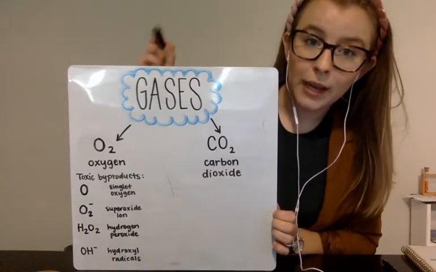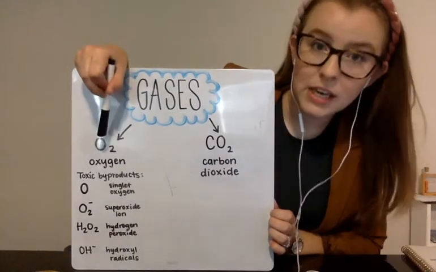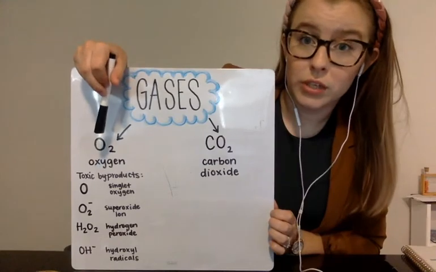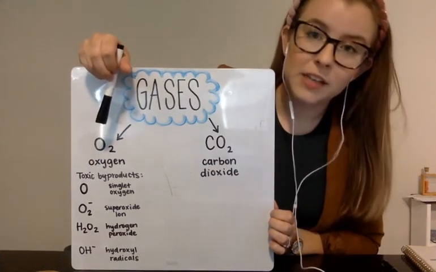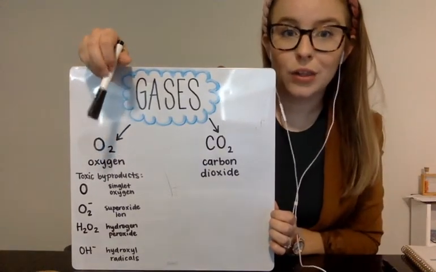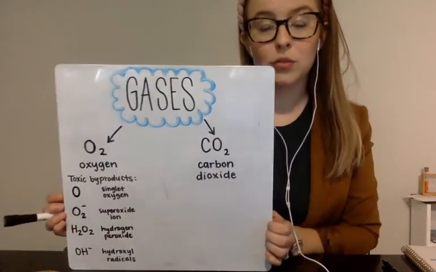We're going to be talking most about oxygen, so that's what I want you to focus on when you're reading about this, because that plays a large role in how our microbes function. So I'm removing the carbon dioxide from the board so we can focus on the role of oxygen.